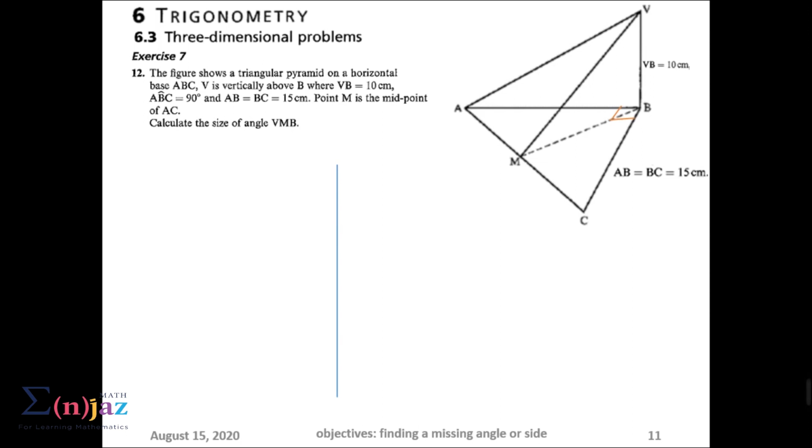Now, the line coming from the apex B down to the base AC is perpendicular to base AC, and it bisects AC into two equal parts, meaning AM is exactly equal to MC.